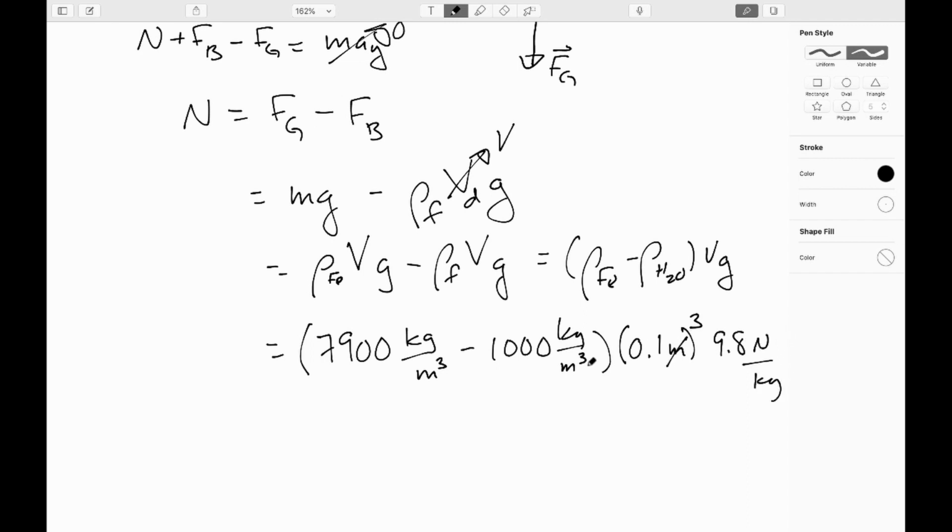All right, so that will cancel all those cubic meters. This will cancel those kilograms. We're left with newtons. That's good. And we will get 67.6 newtons. And if we didn't have the buoyant force, it would be almost 10 newtons higher. Okay, in the next video, we will start thinking about what happens if fluids are moving.